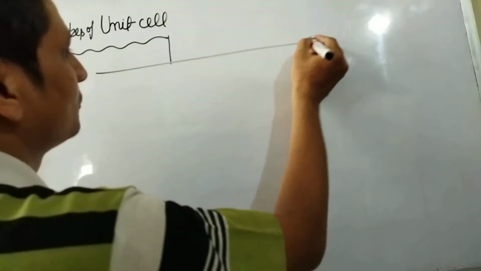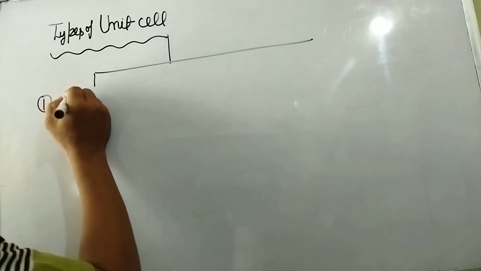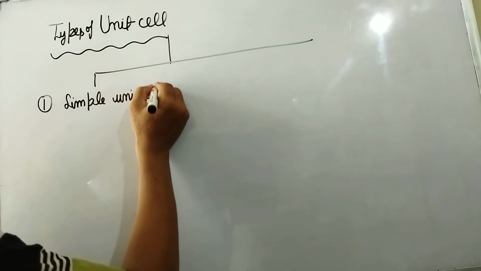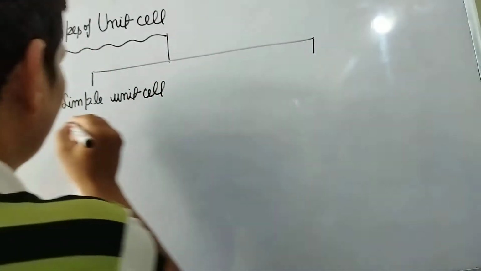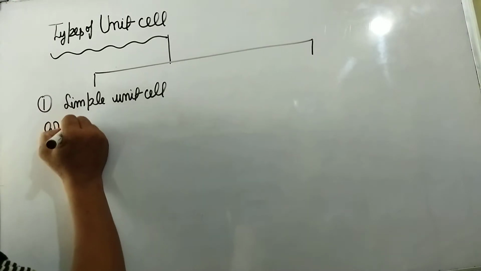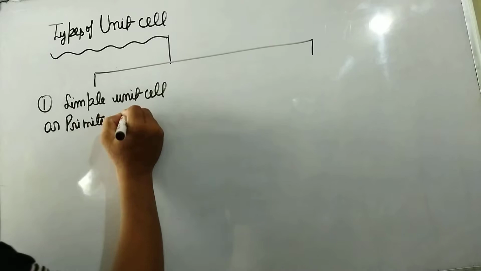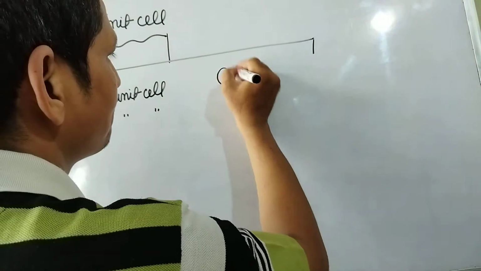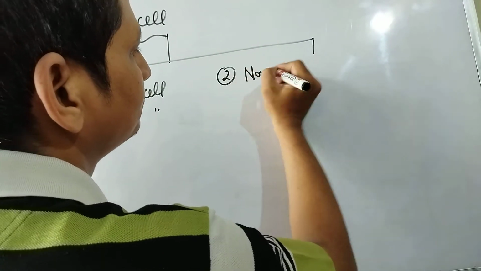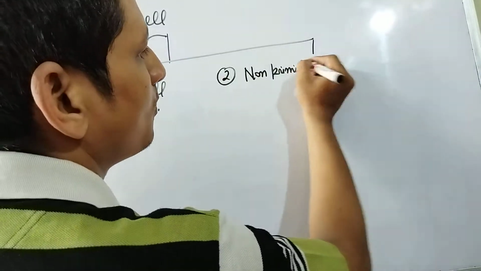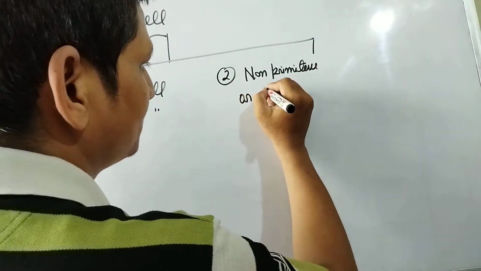Unit cells are especially of two types: first, simple or primitive unit cell; second, non-primitive or centered unit cell.